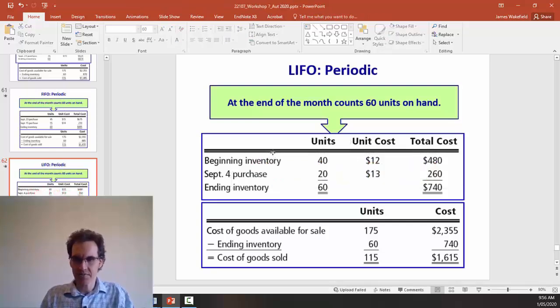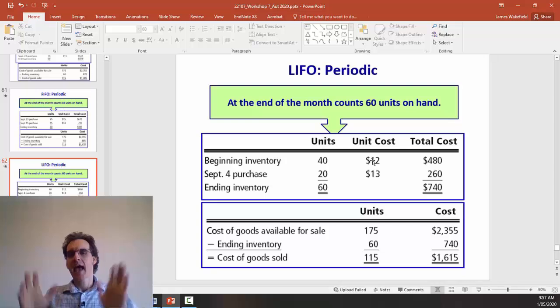So if I get rid of this text to see what's behind there, what we can see here is we have beginning inventory on hand, 40 units at $12. So we assume we have all of that on hand. And then we have 20 units at $13, which is the second lot we had on hand.